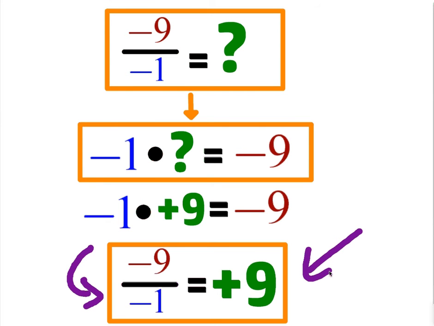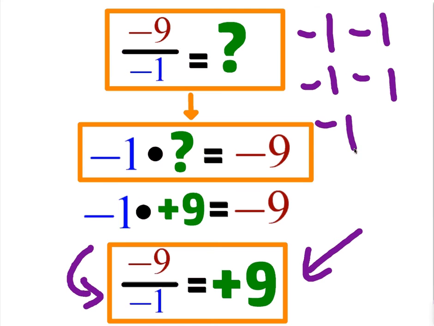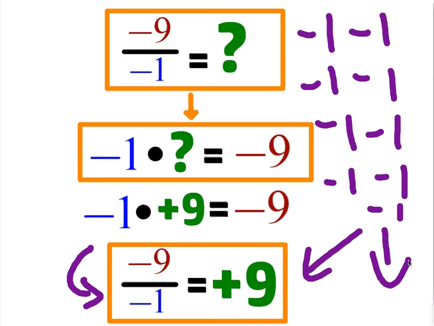Now, the reason I think this is easier is because you can imagine if you add negative 1 nine times, that actually gives you negative 9 back, right?